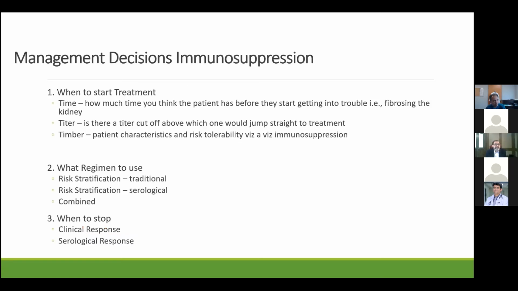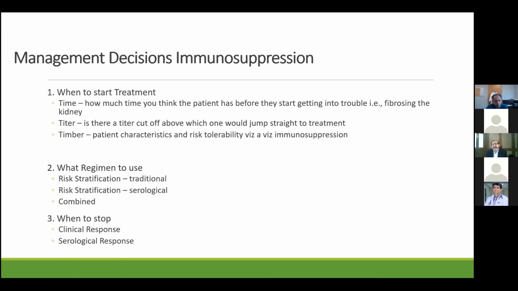So the management decisions that we have to make is when to start treatment. Not everybody needs to start treatment straight away. As you saw in all of these trials, there's a period of wait. So we have to figure out when to start treatment. You don't want to wait too long.